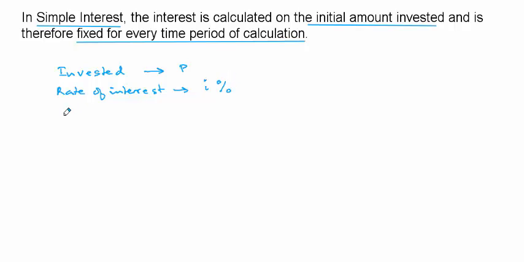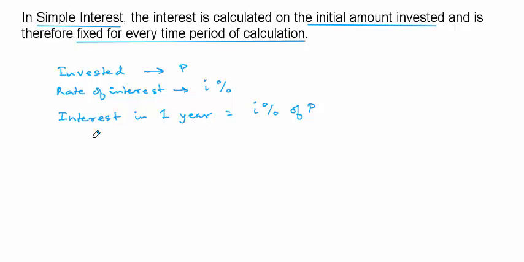Now the interest, the actual amount of the interest earned in 1 year is equal to I% of P. If I is expressed as a percentage, we need to divide that with 100 to express that as a decimal and multiply that with P. Now that is the interest earned in 1 year.